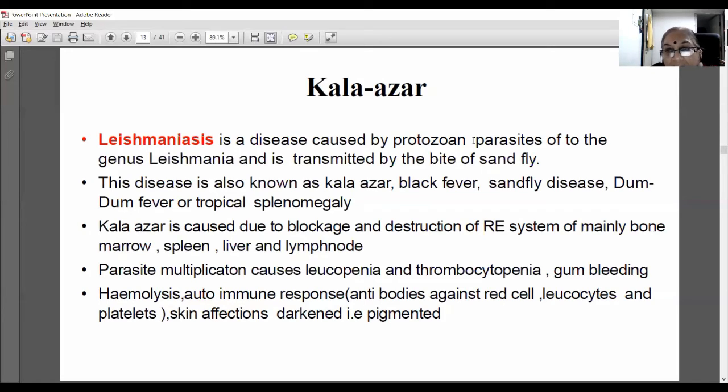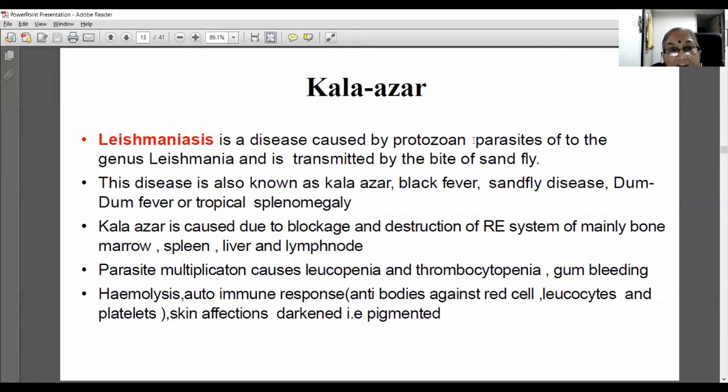Because of it, there are bleeding tendencies that are seen. Hemolysis and autoimmune response are also seen in Kala-Azar because antibodies against the red cells, leukocytes, and platelets are produced.